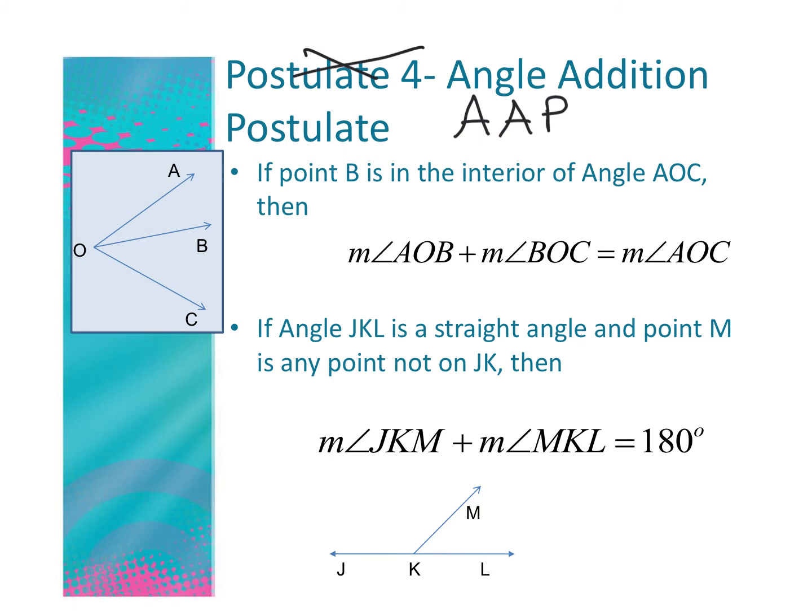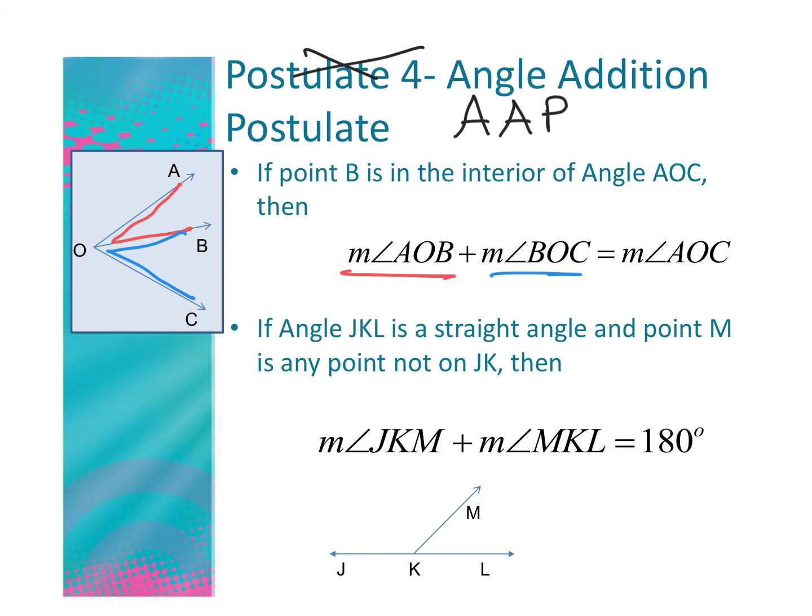And this one states that if point B is in the interior of AOC, then I know that the measure of AOB plus the measure of BOC is going to equal the measure of the whole thing, which is AOC. So for example, AOB would be this little one here. And then BOC is this one over here.